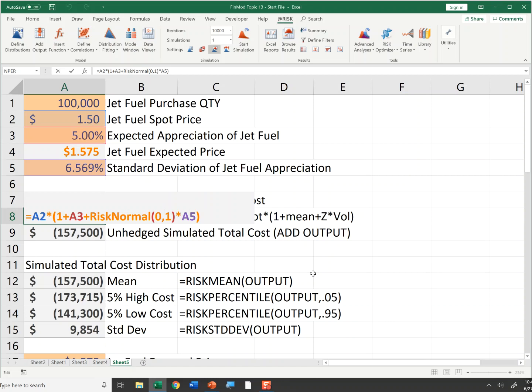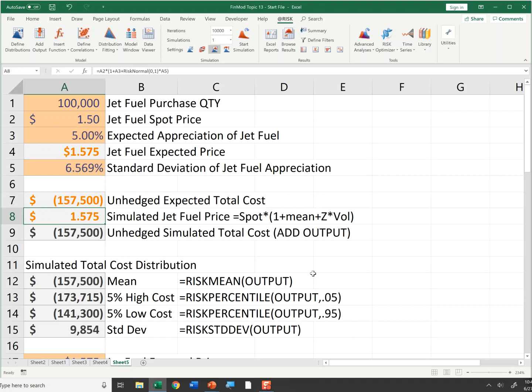Now, when @Risk is not running a simulation, it's going to have a static value of 0 for the RiskNormal(0,1). So I'm just getting the same value here, 157.5. And then here's my simulated cost. I'll take my simulated spot price, A8, times my 100,000 quantity, and since this is a purchase, I'm going to make it a negative.